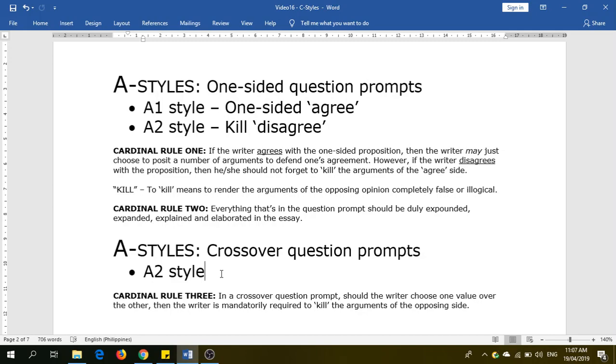Basically that's it, as stated in cardinal rule number 3. In a crossover question prompt, should the writer choose one value over the other, then the writer is mandatorily required to kill the arguments of the disagree side. So we will now label this as the crossover A2 style, which is the crossover kill.